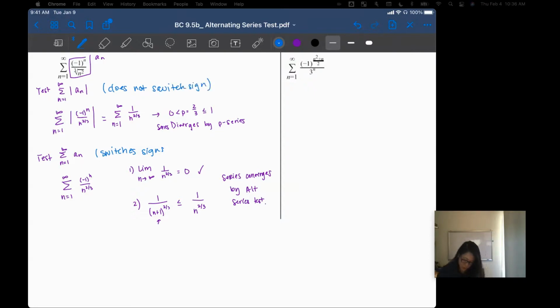Since a series that switches signs converges, but the series that has all positives doesn't, then the series converges conditionally. Okay, let's do the next one.